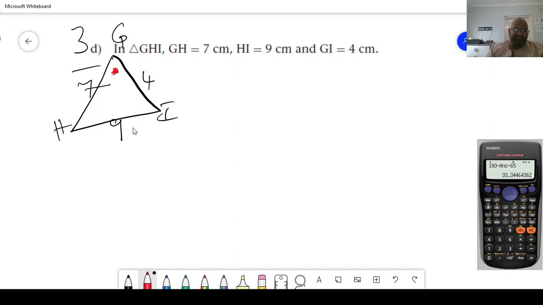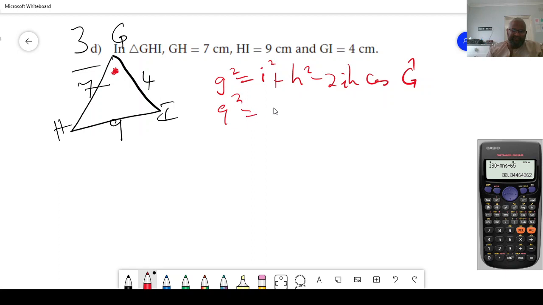So we can say then lowercase g squared is equal to i squared plus h squared minus 2ih cos of angle g. Okay, so we're going to work this angle out. Of course, it's going to be 9 squared is equal to 7 squared plus 4 squared minus 2 times 7 times 4 cos of angle g.